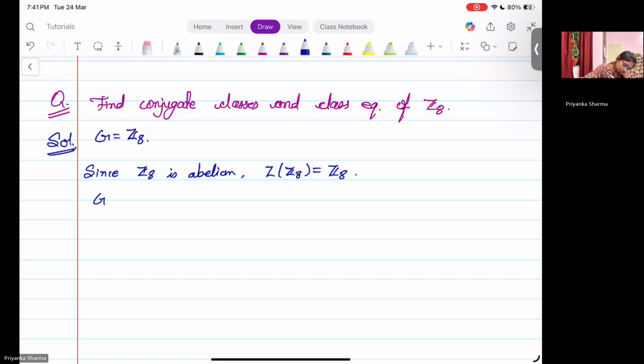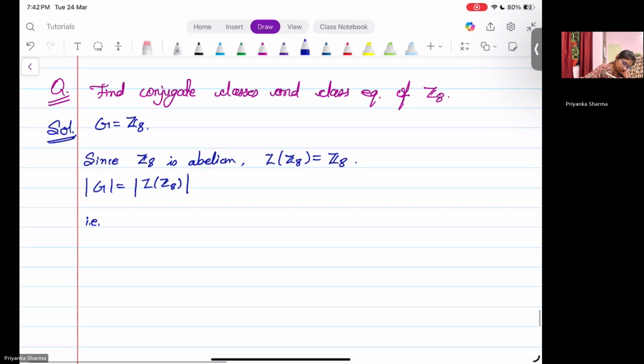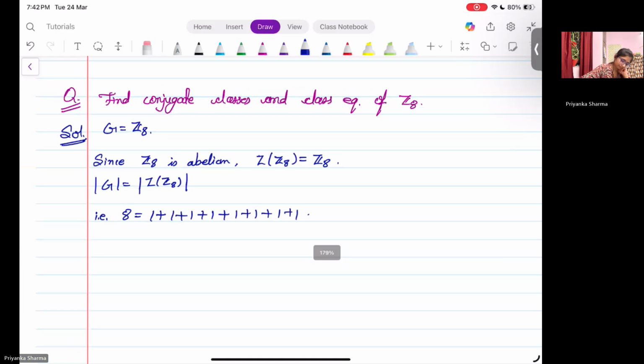So the class equation will reduce to this: 8 is 1 plus 1 plus 1 plus 1 plus 1 plus 1 plus 1 plus 1, so this is 1, 2, 3, 4, 5, 6, 7, 8 times.